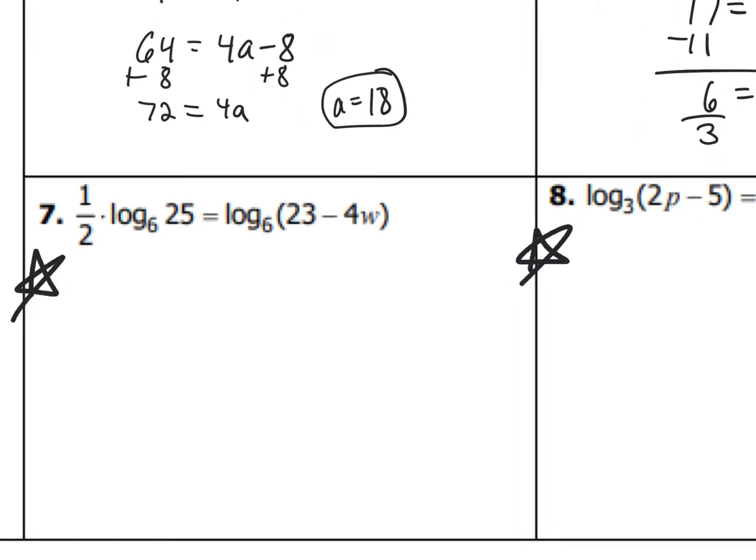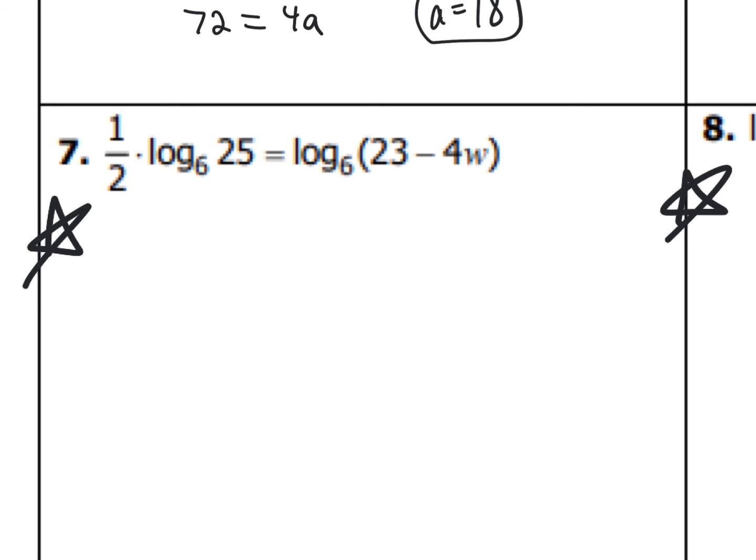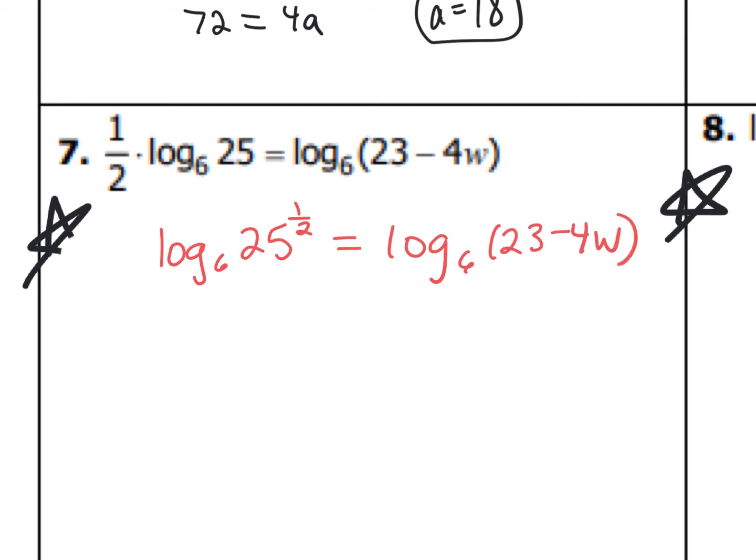All right. Number 7. What comes first here? Power rule. Where's the power? The 1/2, where's it go? To the 25. Log base 6 of 25 to the 1/2 power equals log base 6 of 23 minus 4w. Now we do what?